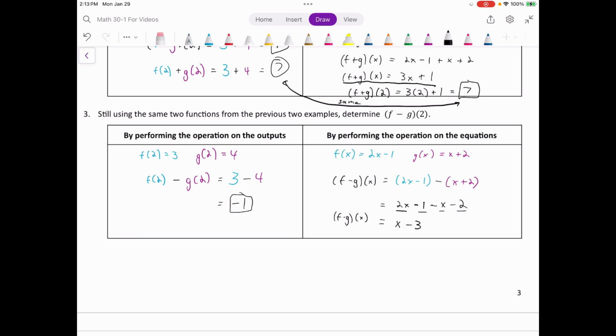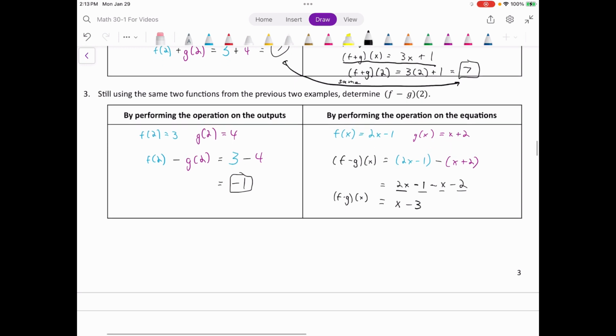That would allow me to figure out at any x what's the result of subtracting this function from that function, okay? But we were asked to find f minus g of 2. So f minus g of 2 is just going to be, like always, input 2 for x. So 2 minus 3. And f minus g of 2 is therefore, look at this, same result, negative 1.